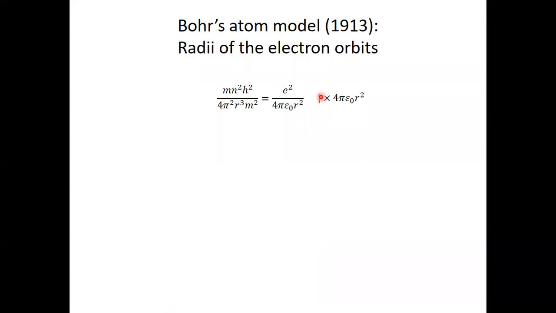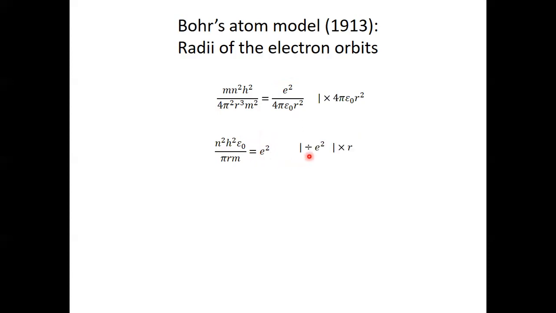What we can do is multiply this equation by 4 pi times epsilon 0 r squared, which brings this term here on the left side. Then the left side becomes n squared times h squared times epsilon 0 over pi r m. The right side here is reduced to e squared.